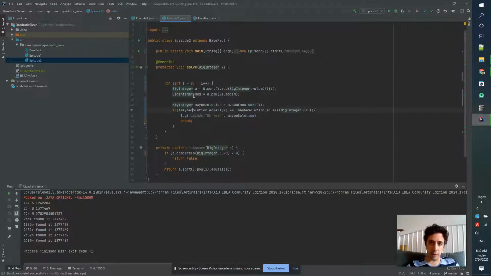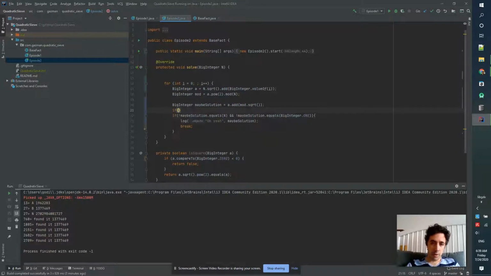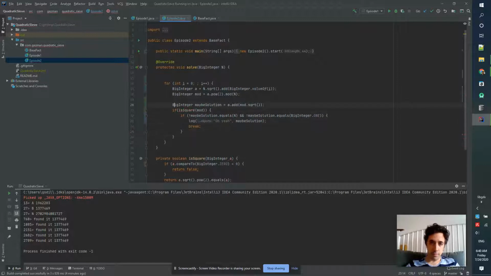Oh, I didn't check if it's indeed a square. So if it is square, okay, looks better.